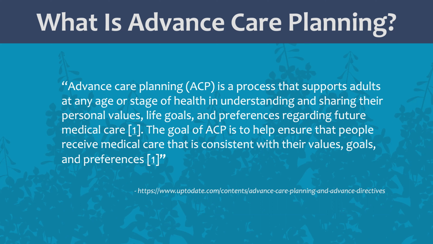So that's really, really important. A lot of people think that it's for old and sick people, and that's not true. Anybody over the age of 18 can have an advanced directive, and we encourage it. And we'll share a little bit more on the next slide about why that's important in our tribal health system.